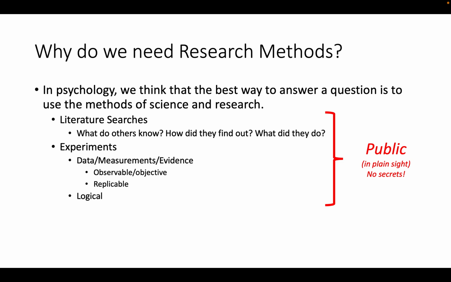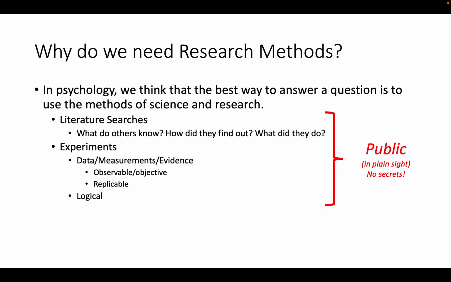Generally, what we do is we go to the library, or virtually now. We search the literature bases, we do a literature search, we find out what other people know, and then it might answer our question, it might not. And if it doesn't, then we go to the next step, which is an experiment.